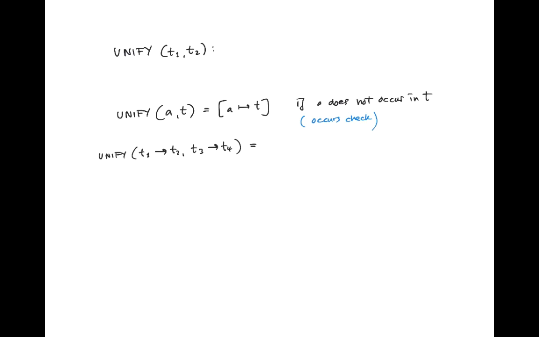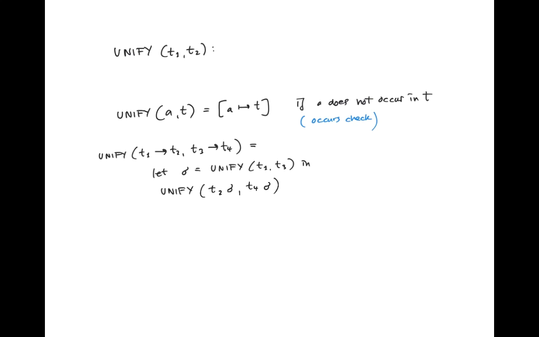Well, first we need to unify T1 and T3, so let sigma be the substitution we get by unifying T1 and T3, and then we unify T2 and T4, but we do not unify T2 and T4 directly.